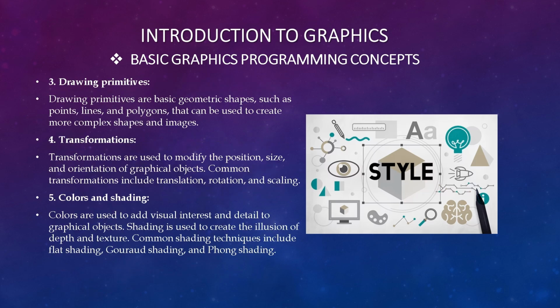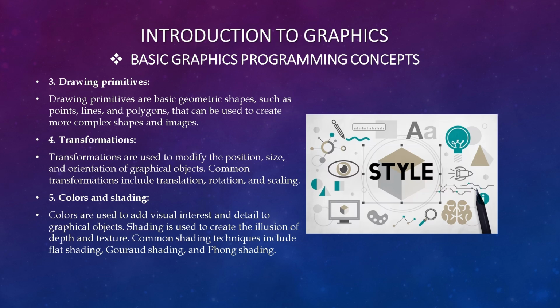Drawing primitives are basic geometric shapes, such as points, lines, and polygons, that can be used to create more complex shapes and images. 4. Transformations. Transformations are used to modify the position, size, and orientation of graphical objects. Common transformations include translation, rotation, and scaling.